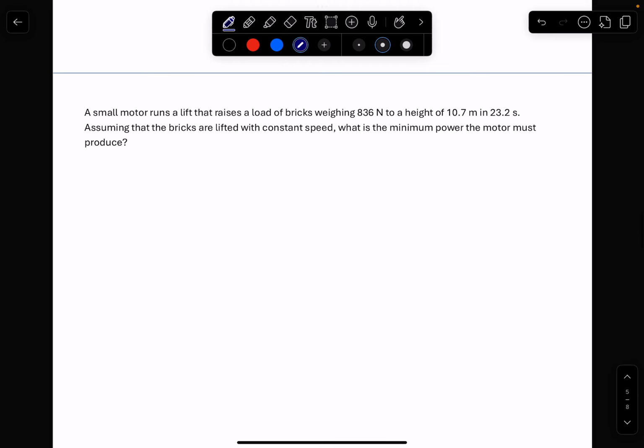Next question. A small motor runs a lift that raises a load of bricks weighing that to a height of 10.7 m in 23.2 seconds. Assuming the bricks are lifted with a constant speed, what is the minimum power the motor must produce?